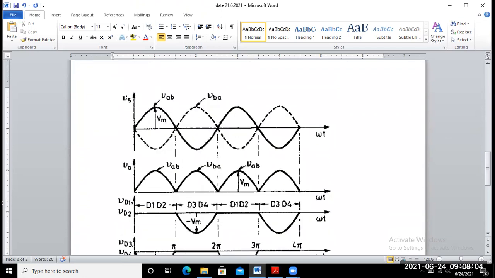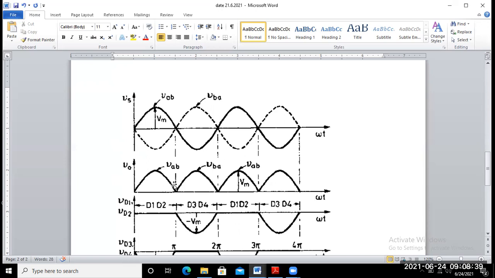So the output voltage waveform from 0 to pi, up to this point, is represented by VAB. The diode has two polarities, anode and cathode.